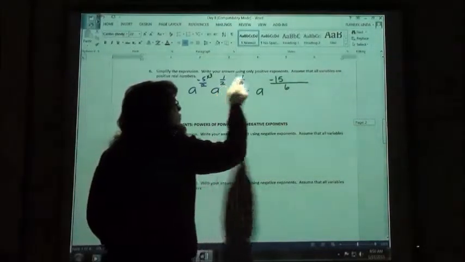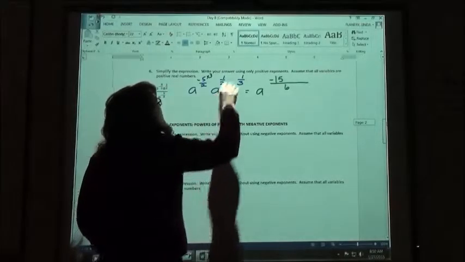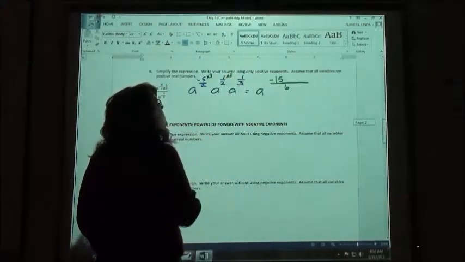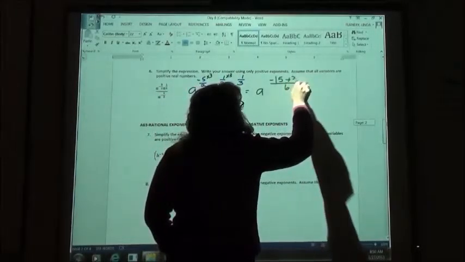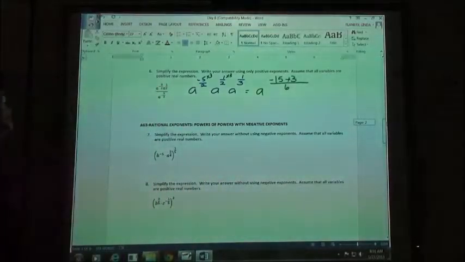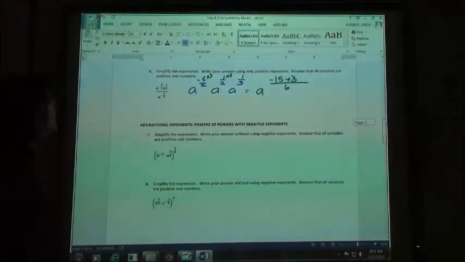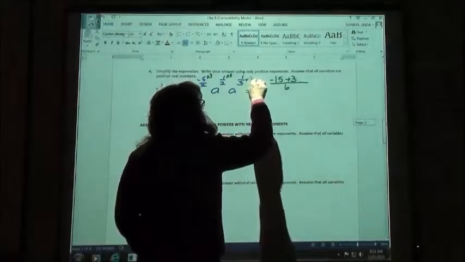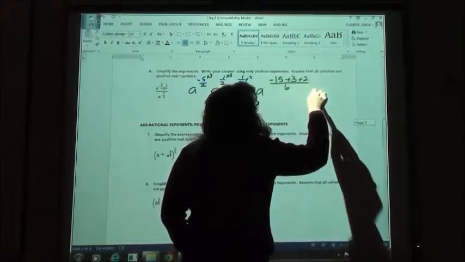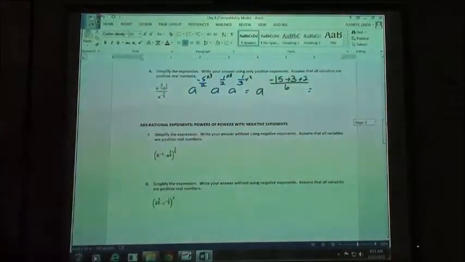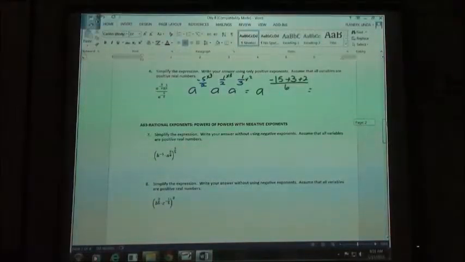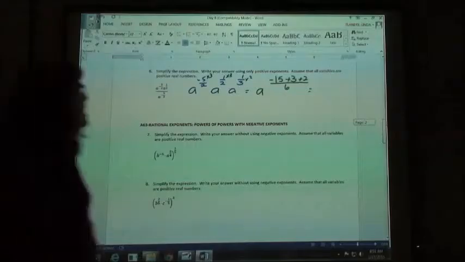2 goes into 6 on the second fraction 3 times. 3 times the 1 is 3, and then 3 goes into 6 2 times. 2 times the 1 is 2. So I have negative 15 plus 3 plus 2, which would give me negative 10.